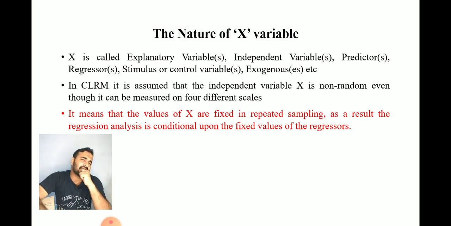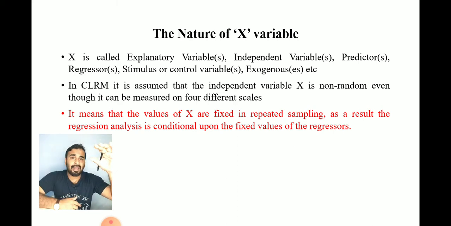In the regression model, we assume that the values of x are fixed in repeated sampling, so the regression analysis is conditional upon the fixed values of the regressors. Earlier we saw that x, the income level, is the same, 80.